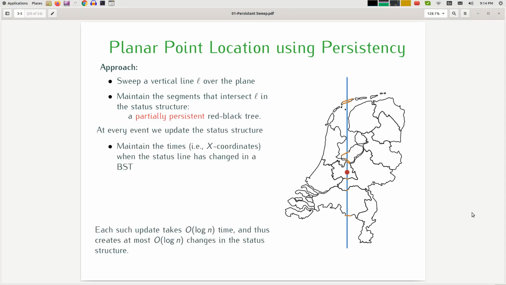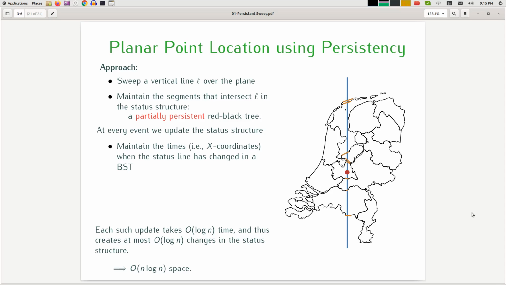First, let's look at the analysis. In a red-black tree, the update time is log n. So we change at most log n pointers or log n nodes of the tree. We can keep the changes at a constant amount of space. Therefore every insertion or deletion costs at most log n extra space in terms of overhead. Since we have n insertions and deletions, that means the total space is n log n.